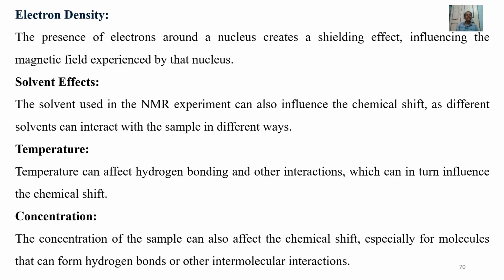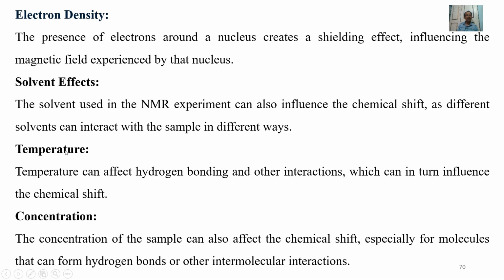Electron density. The presence of electrons around the nucleus creates a shielding effect, influencing the magnetic field experienced by that nucleus. Solvent effects. The solvent used in the NMR experiment can also influence the chemical shift, as different solvents can interact with the sample in different ways.